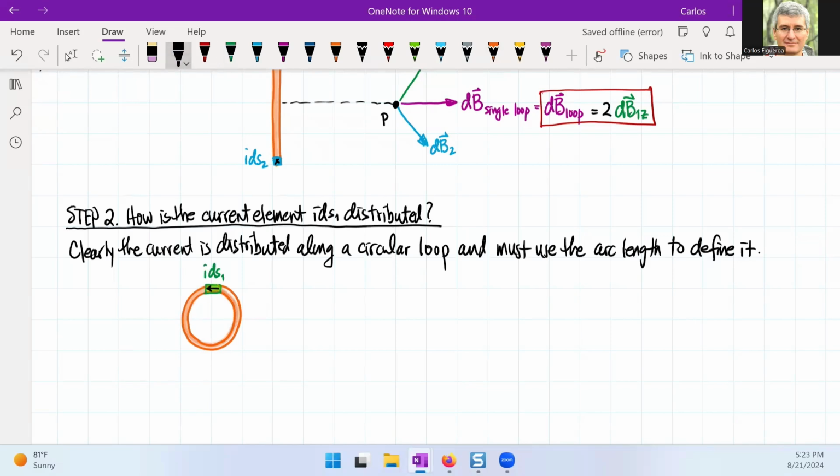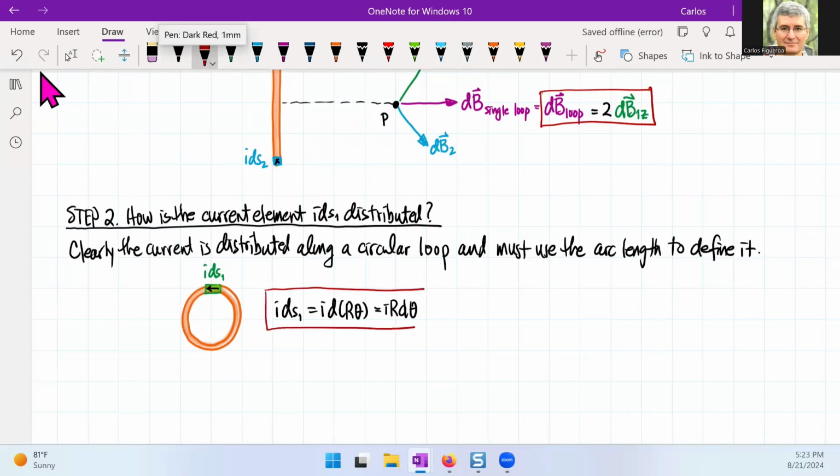So the way we define it here is we then say that IDS1 is then going to be I, by definition of the arc length, then the only thing that changes is the direction. So this will be I R d theta. So that right there is our current element that we've just defined.